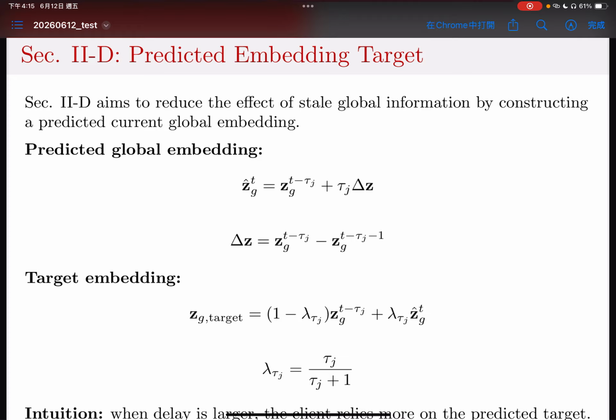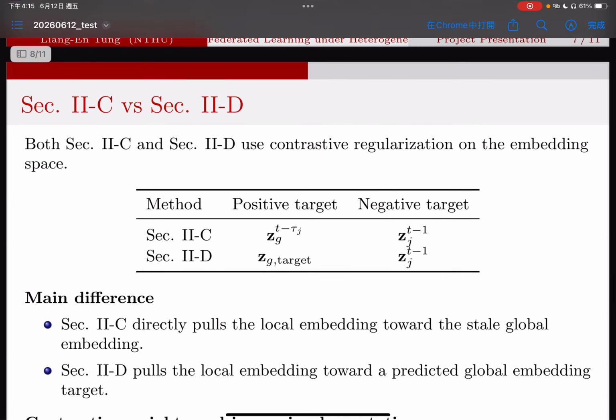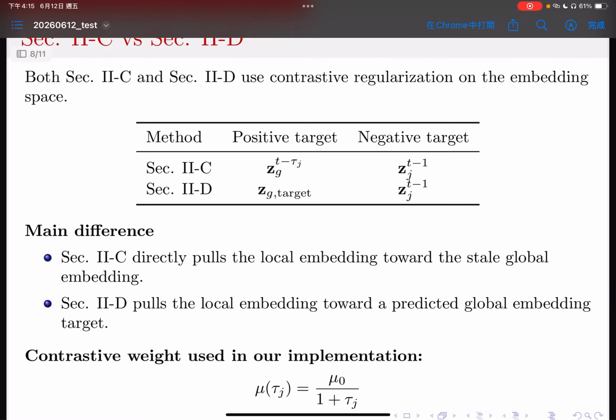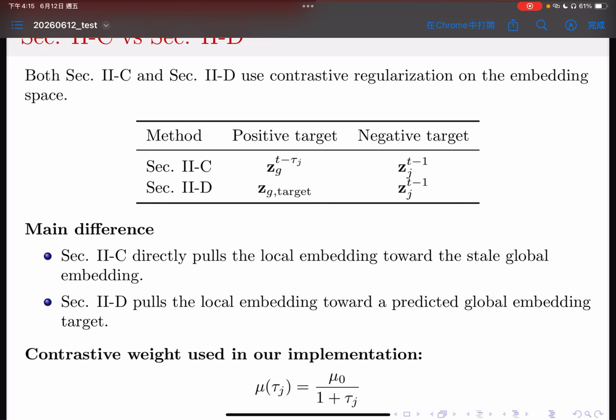When the delay is large, the client relies more on the predicted target to compensate for the effect of staleness.